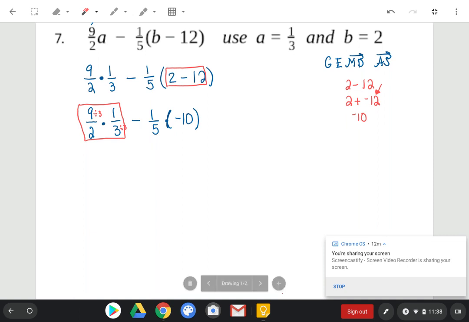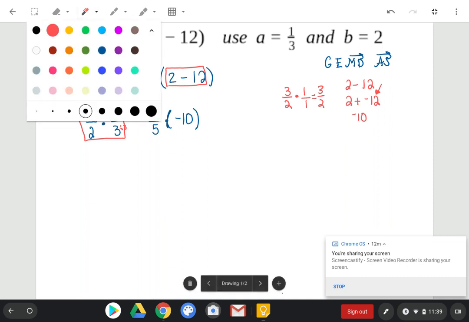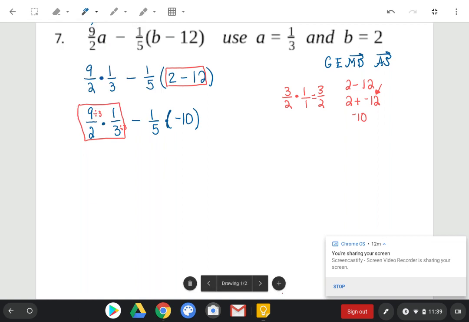So essentially what that gives me is 9 divided by 3 is 3 halves times 1 over, and 3 divided by 3 is 1. So it gives me 3 halves times 1 over 1, which is just equal to 3 halves. So I'm going to replace my box with 3 halves.